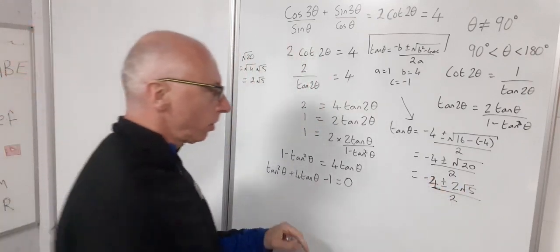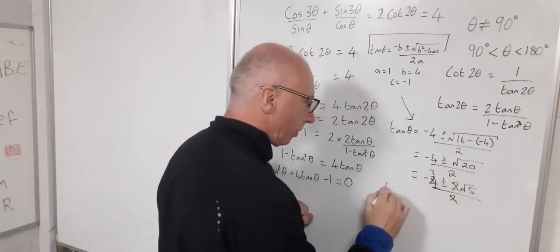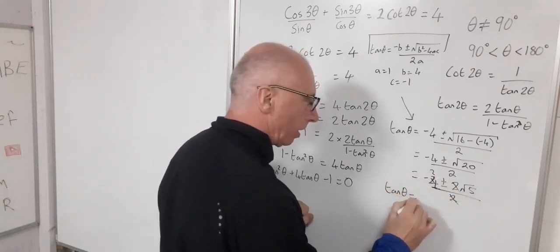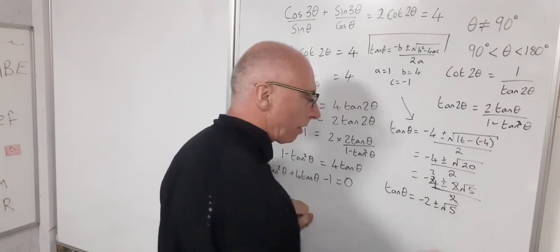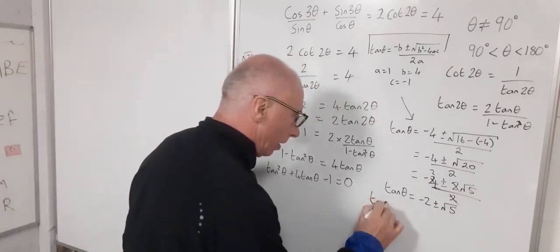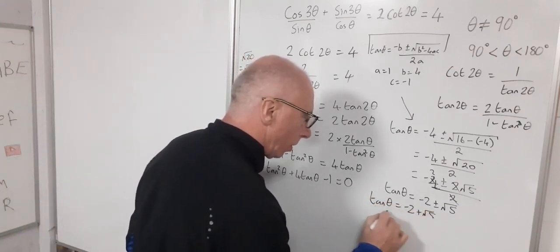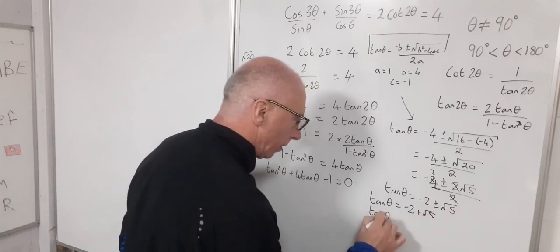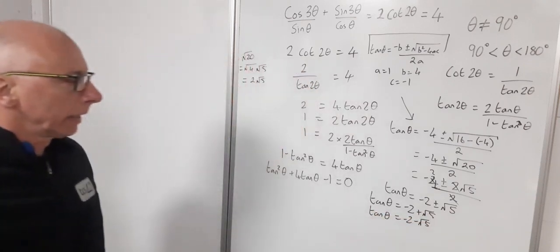So now cancel each of the 2's out. That cancels with that, and that becomes 2. So now I've got tangent theta equals minus 2 plus or minus the square root of 5. Tan theta equals minus 2 plus root 5, or tan theta equals minus 2 minus root 5.